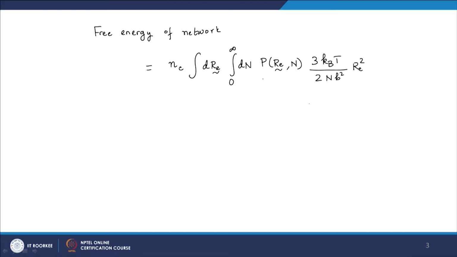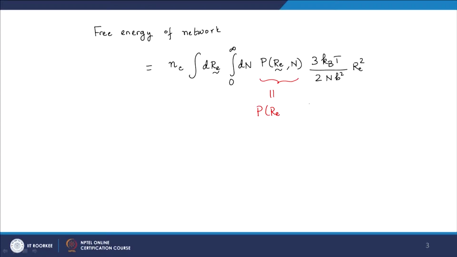So, if I look at this term here, this is some sort of a joint probability density, that is, first the probability of the chain having an end-to-end distance RE, and second the probability that the chain will have n repeat units. These two probabilities must be multiplied to get the joint probability P(RE, n). So, this I can write as P of RE and P of n. This we have already derived for the ideal chain.